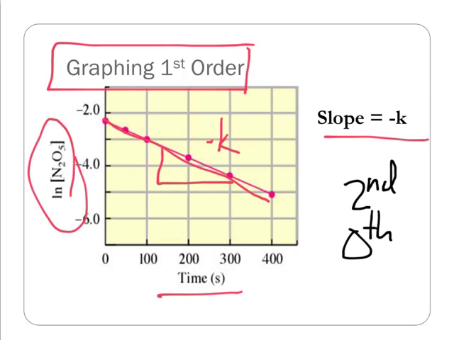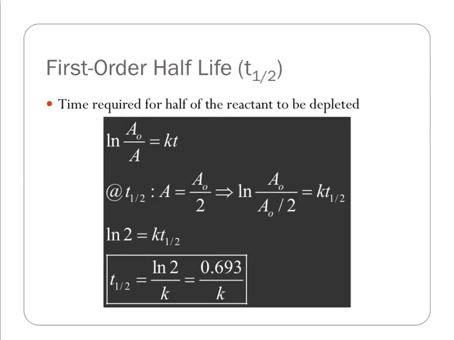One more issue associated with first-order chemistry that I want to talk about, the issue of half-life. You've surely heard this term before, but half-life is quite simply the time it takes for half of the reagent concentration to be depleted. So you go from 1 molar of stuff down to a half a molar of stuff.